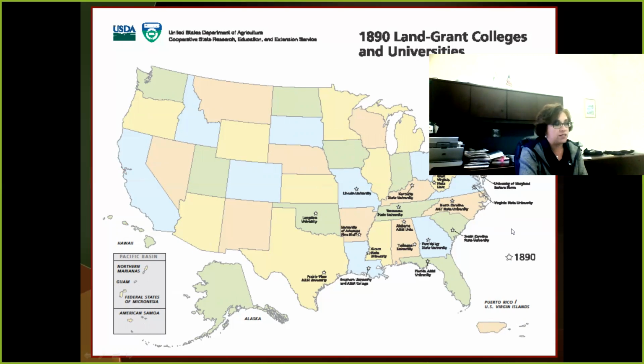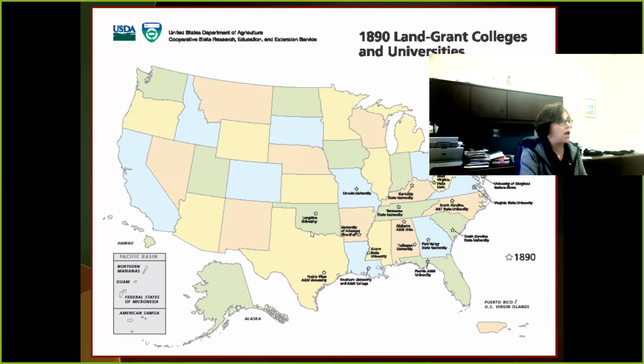Okay, so then the 1890s, you can see where those are. They are in the South traditionally, and in fact, they're all in the South besides Delaware and Maryland, which are not considered the South. Many of them do have a separate extension system and a separate 4-H program.